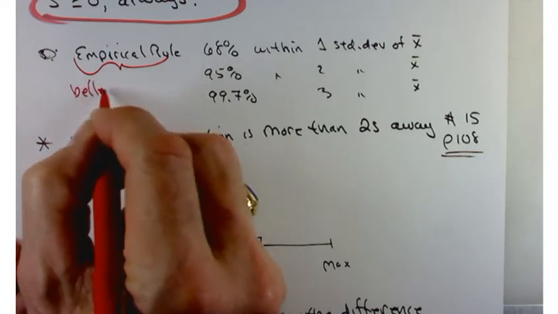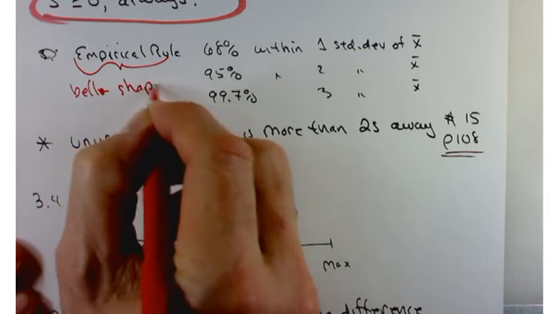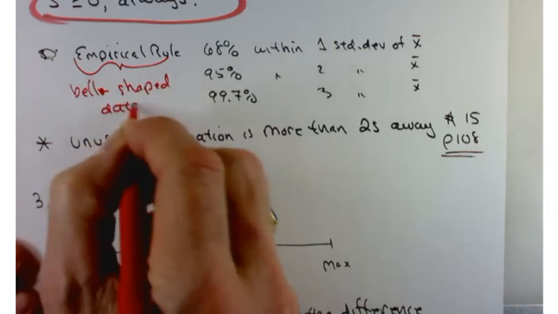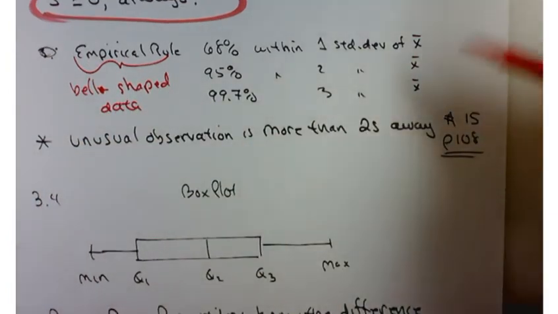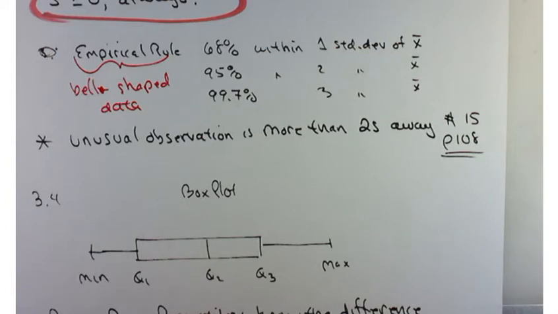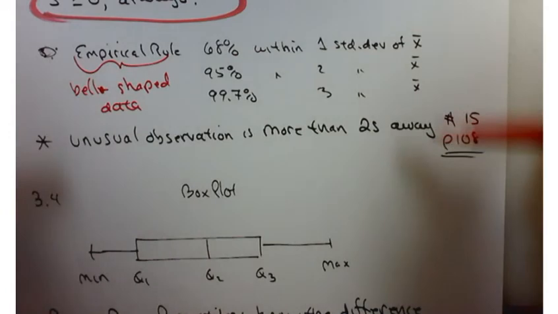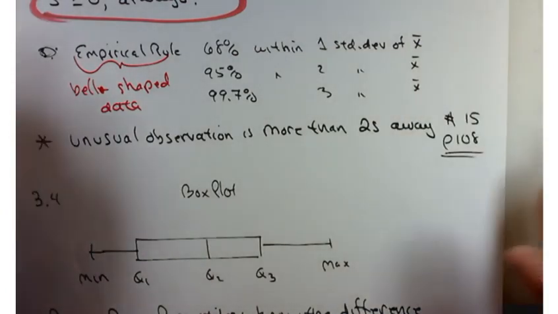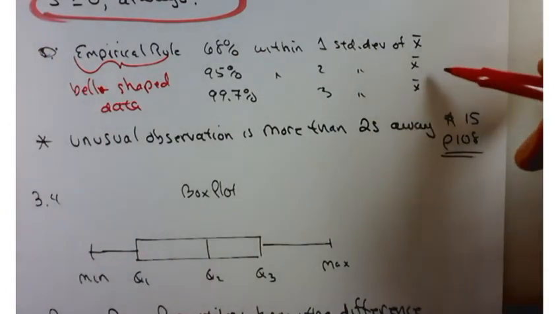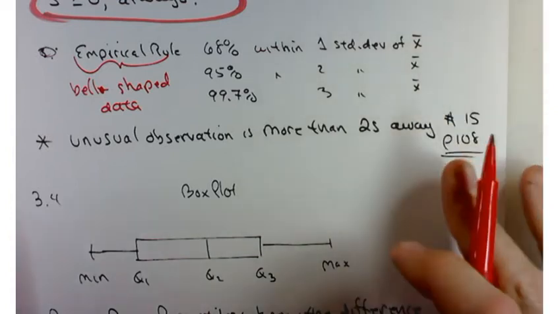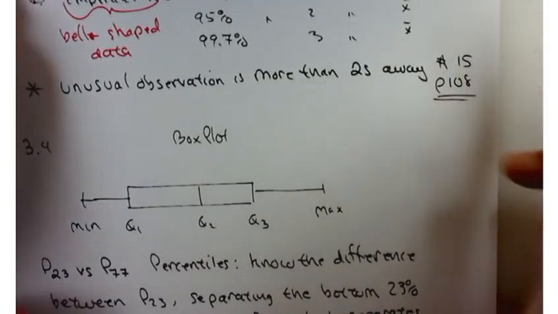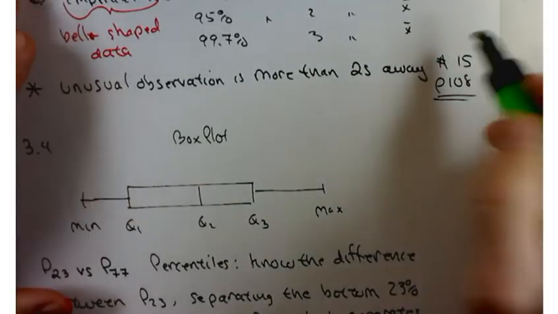Bell-shaped data. So you should be able to find how many data points are within 1, 2, or 3 standard deviations of the mean, depending on what I ask you. More than 2 standard deviations away from the mean means an unusual observation. So again, I've got some suggested problems.